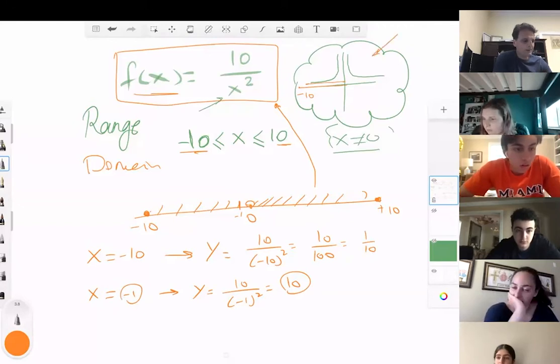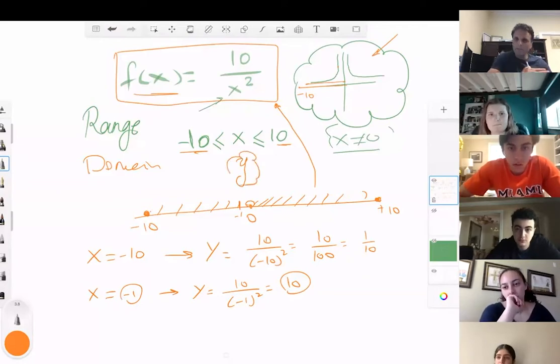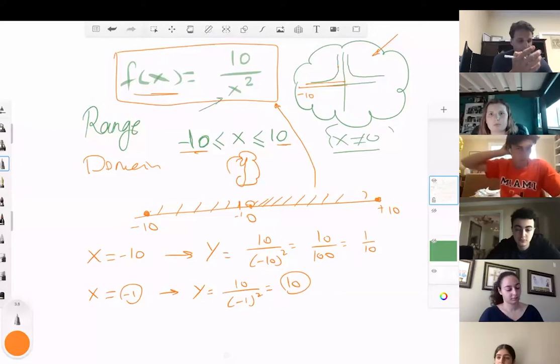So we know range is the values of y. Basically, they're asking you, what's the value of y? What's the minimum y and the maximum y we get? That's the meaning of the range.